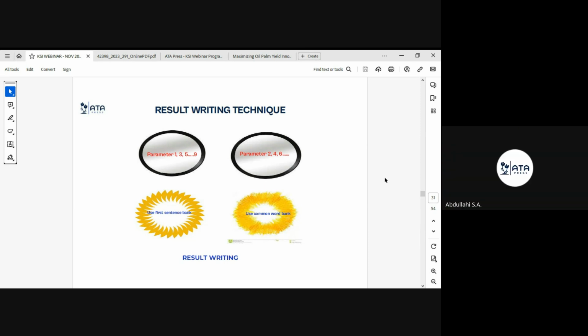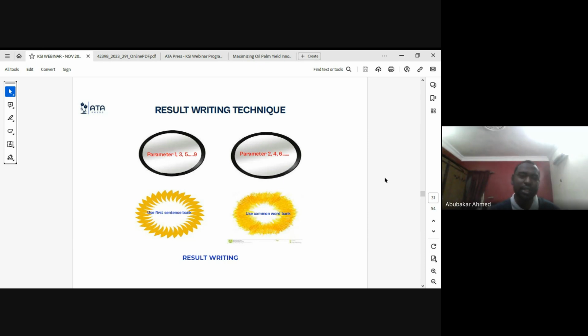All right. So writing result is particularly very important in either thesis or journal writing. And this is one of the most important key areas where we should give emphasis.